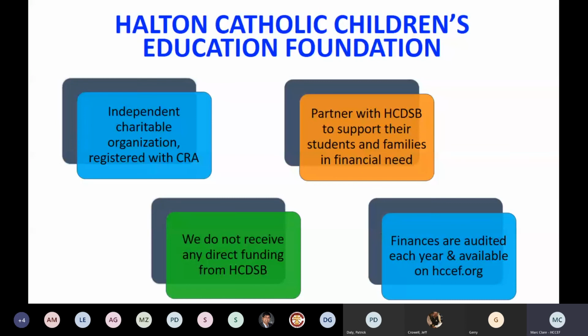We are an independent charitable organization, registered with the Canada Revenue Agency. We partner with the school board to support students and families in financial need. The funding we get to do that comes through different fundraising initiatives, whether it's events, corporate donations, or individual donations.